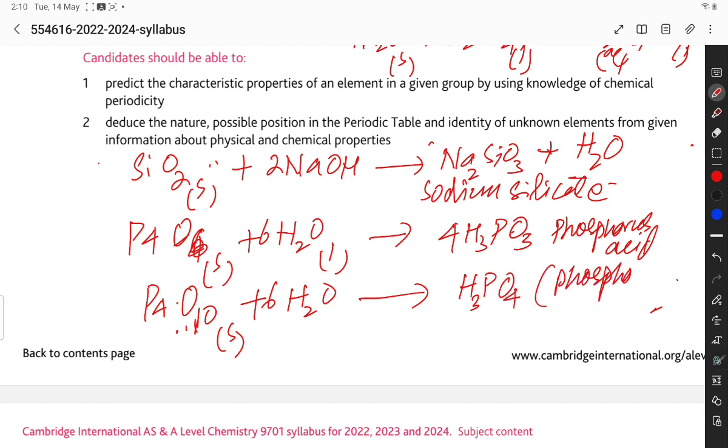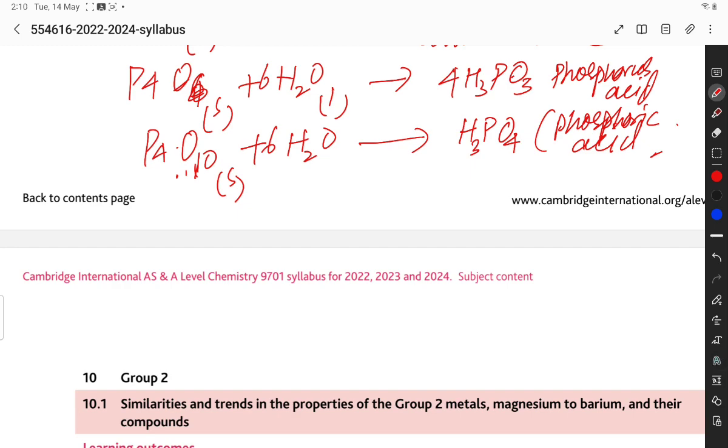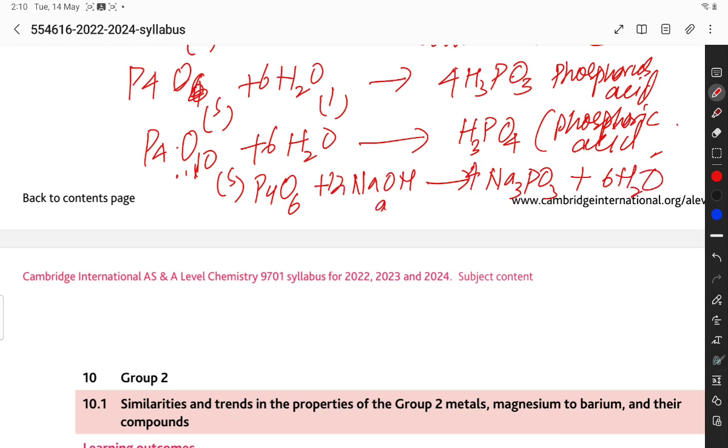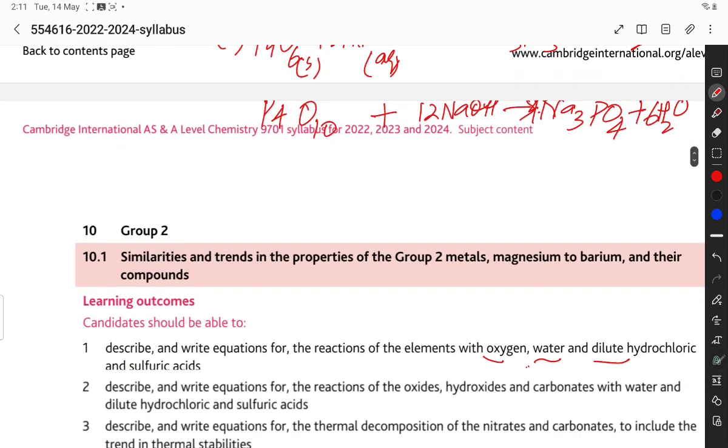P4O6, phosphorus(III) oxide, plus sodium hydroxide forms Na3PO3 plus 6 water. And P4O10 plus 12 sodium hydroxide forms Na3PO4 plus 6 water. So these are the reactions with sodium hydroxide.